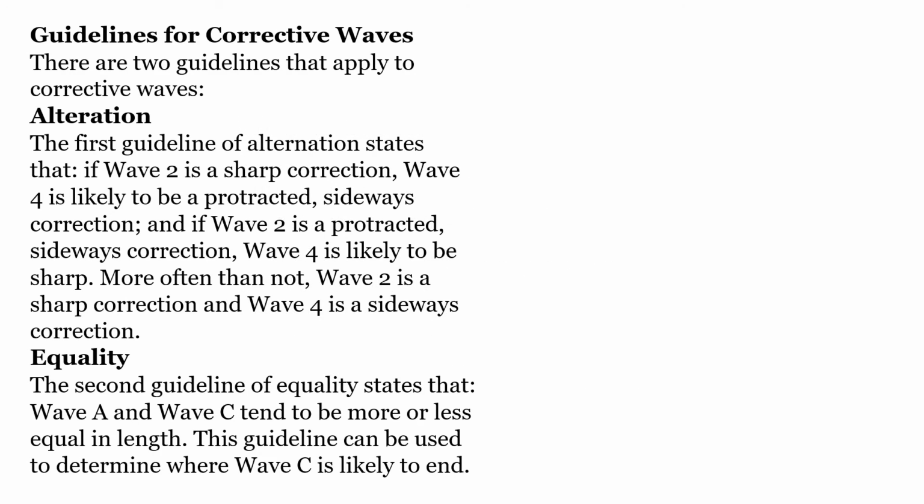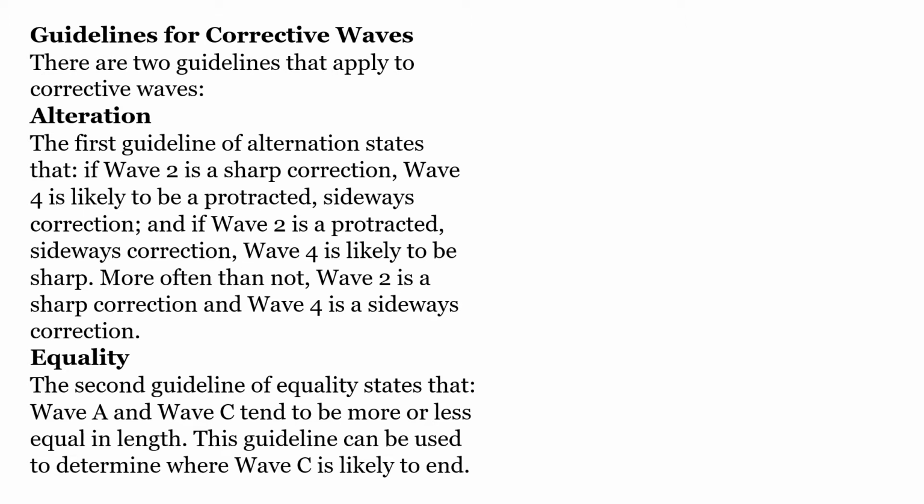There are 2 guidelines that apply to corrective waves. The first guideline of alternation states that if wave 2 is a sharp correction, wave 4 is likely to be a protracted sideways correction. And if wave 2 is a protracted sideways correction, wave 4 is likely to be sharp.